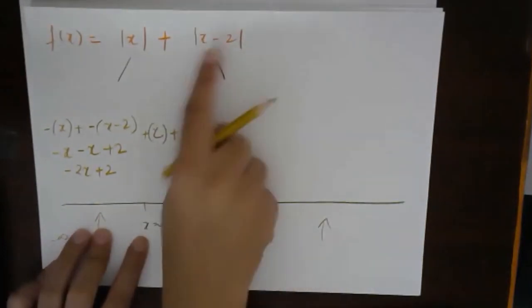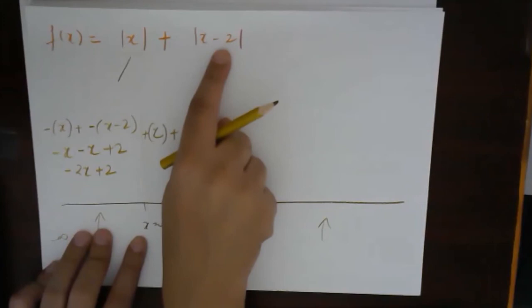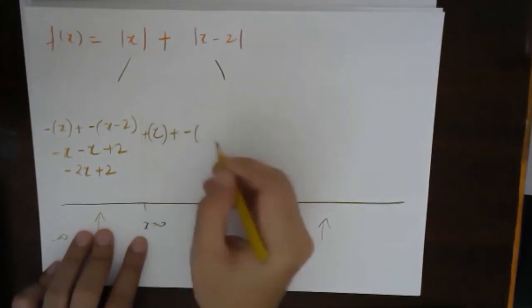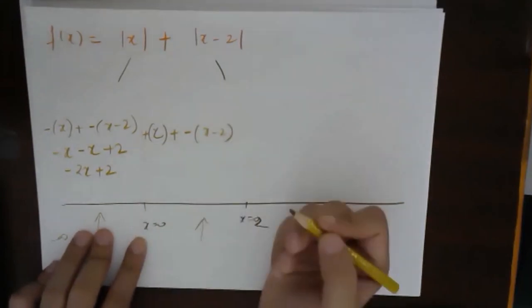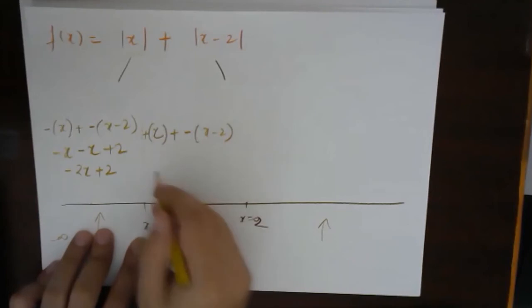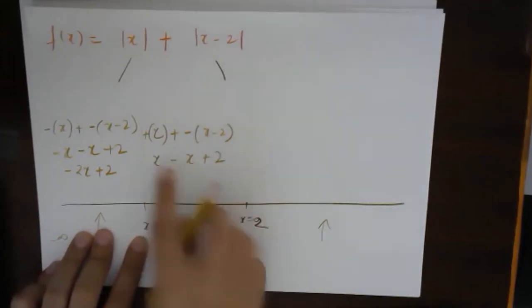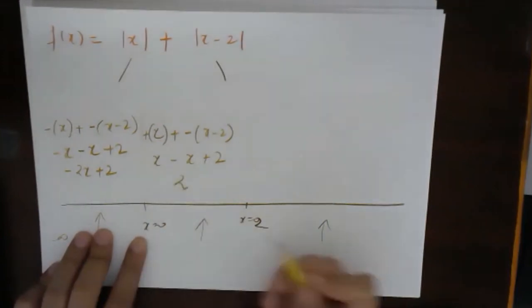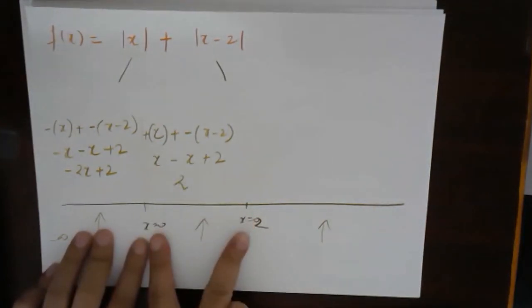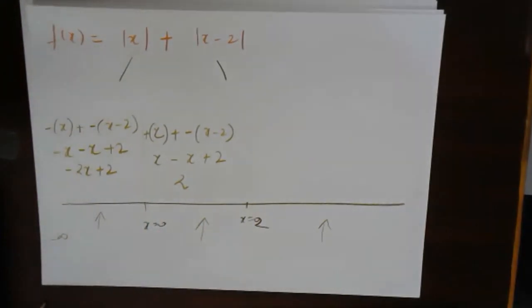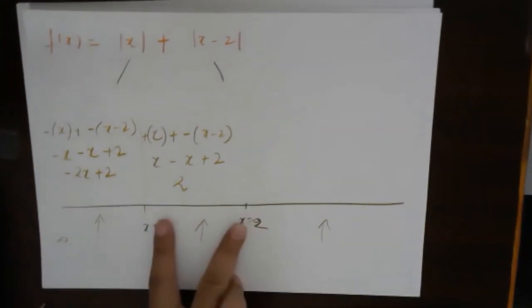Between 0 and 2, x minus 2 is negative, so this modulus will open with a negative sign. So this will become minus of x minus 2. If I combine these two, x minus x plus 2, this will become only 2. So in between 0 and 2, f(x) is only 2. It is independent of x. Whatever x you substitute, it will become only 2.